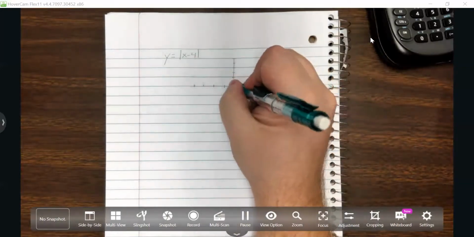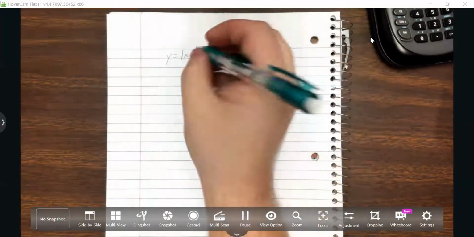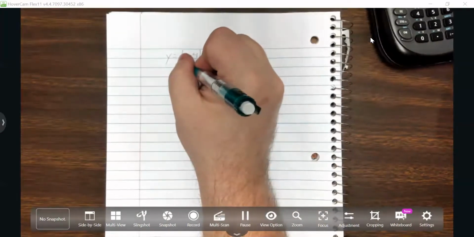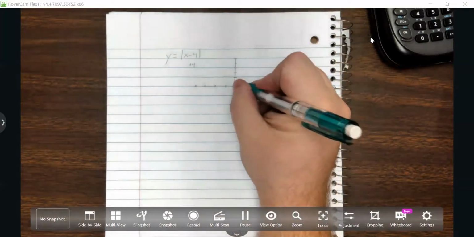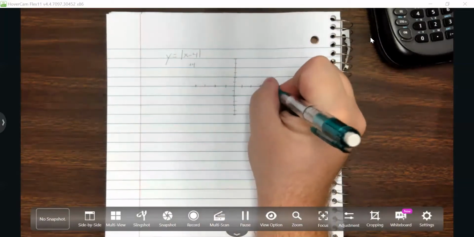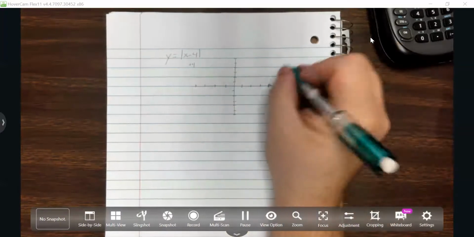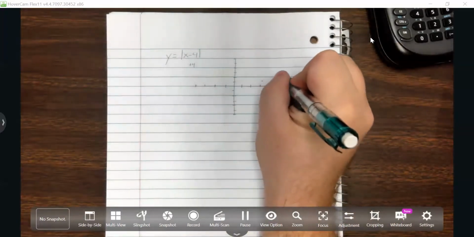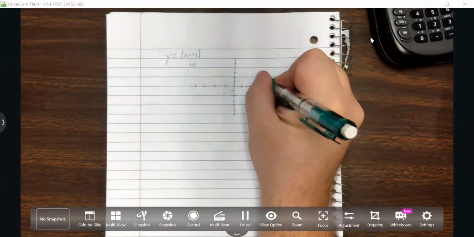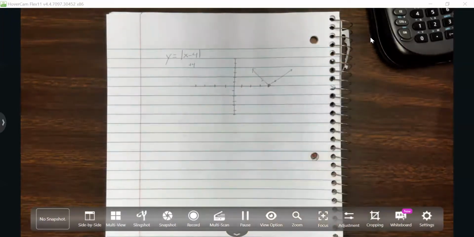So instead of being centered at 0, 0, this graph has been shifted. And when we actually plot it, we find it's the opposite. So it's been shifted positive 4. So it's 4 units to the right. So our 0, 0 would be starting right here, and we'd still get that distinct V shape coming up as we go.